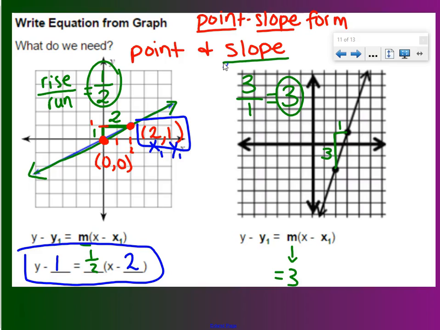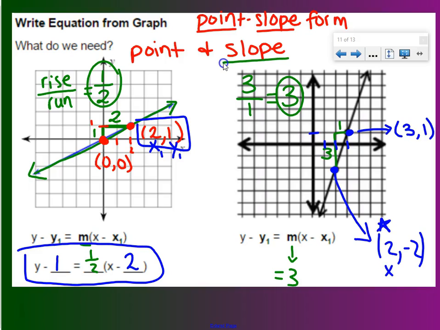Second piece is a point. Again, we have 2 points on our graph. You can pick either point. For this point right here, it's sitting at 3 on our x-axis, 1 on our y-axis. We go over 3, up 1. For this point right here, we are at 2 on our x-axis and negative 2 on our y-axis. Either point works. I'm going to choose this point here.